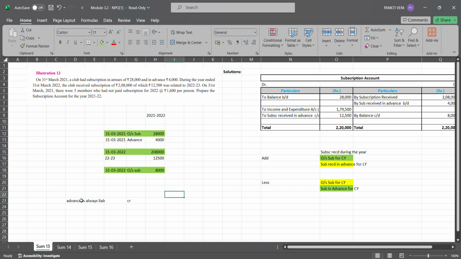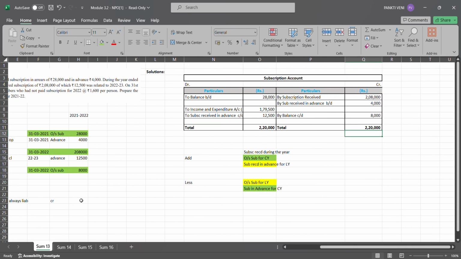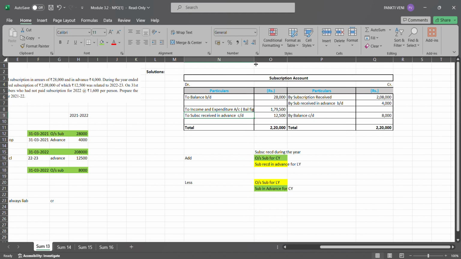So I took my opening balance of advance. With the help of dates, I came to know this is 2021, this is 2022, and this is again advance. So this is my closing balance, this is my opening balance. I noted down my opening balance on the credit side because advance has a credit balance, and the closing balance I noted down on my debit side. So that advance is done.